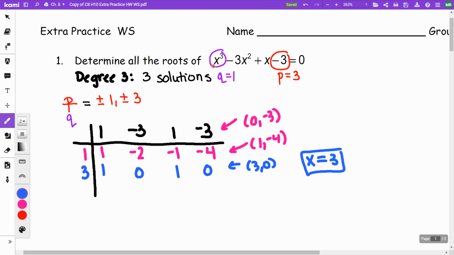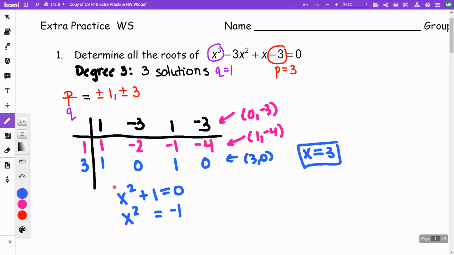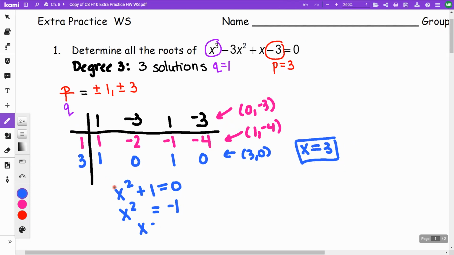So when I start with a degree 3 and I find my first 0, stop, take that and now write it as a depressed polynomial, 1 degree less. So it's going to be x squared plus 1 equals 0. We're going to solve this. I'm going to subtract 1 from both sides. When I do that, I'm actually going to end up getting answers that I would not have found if I did not stop.